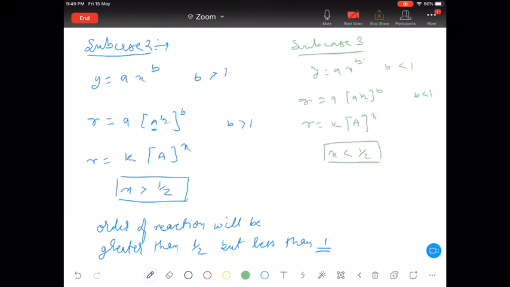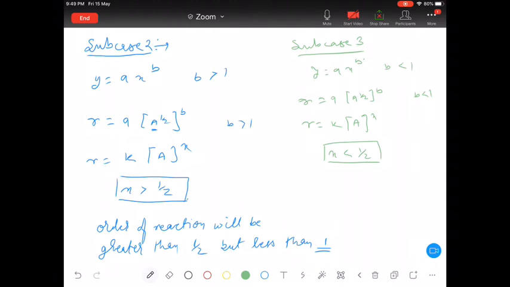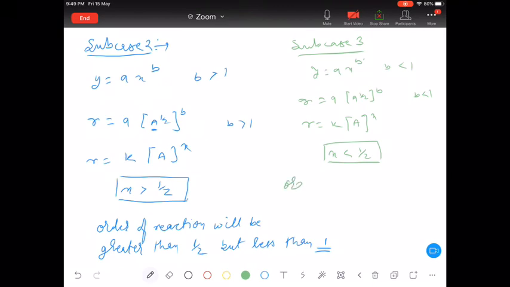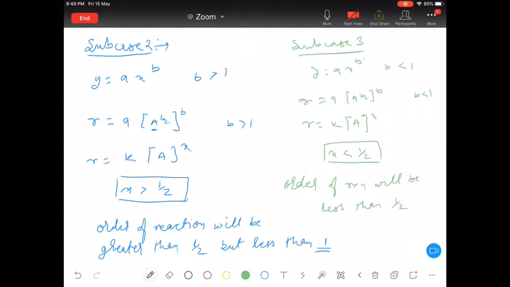So if I get sub case 3, the next possibility is that we come to know that x is less than 1 by 2. We already knew that the order of reaction is less than 1, and now sub case 3 confirms that the order of reaction will be further less than 1 by 2. Any confusion, any doubt?